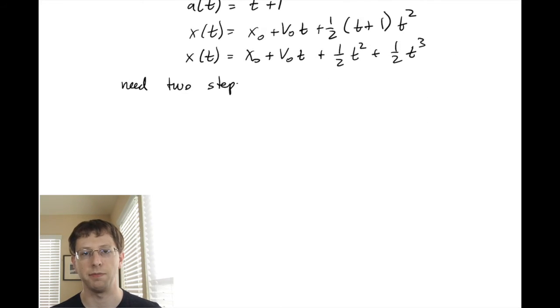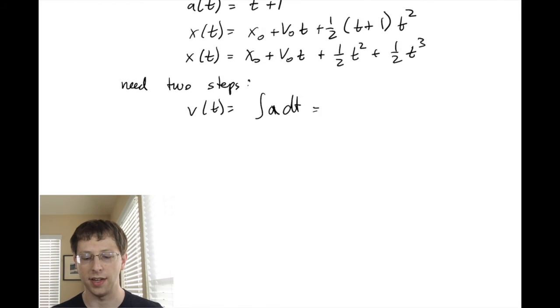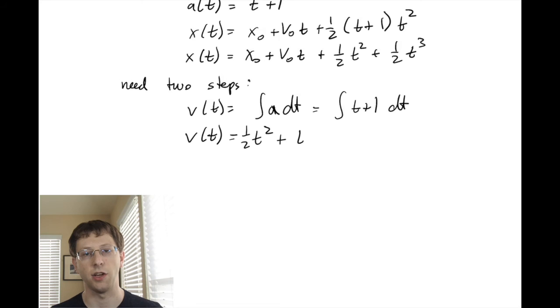That takes two steps, because first we have to integrate to find the velocity and then integrate that again to find the position. So the first step is that the velocity is the integral of the acceleration, and this is a straightforward integral. It's 1/2 t squared plus t, and then plus a constant of integration. And in this case, that constant of integration is the initial velocity. And we can then integrate this again.